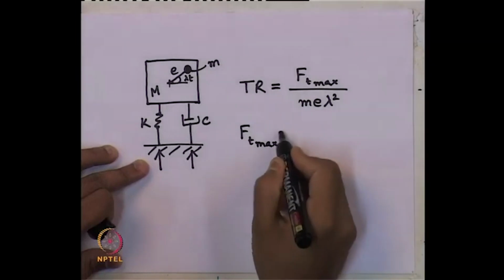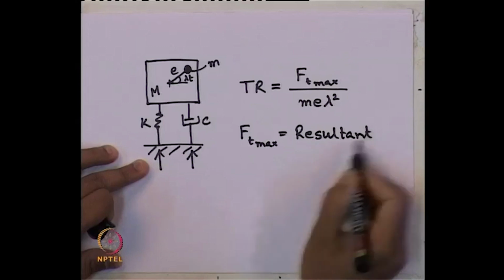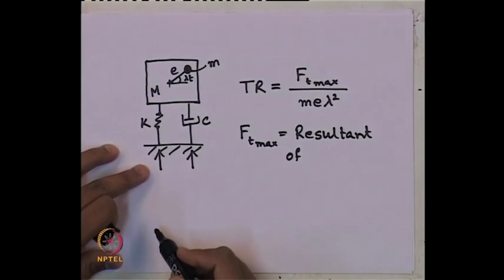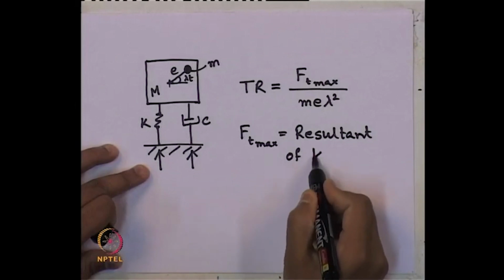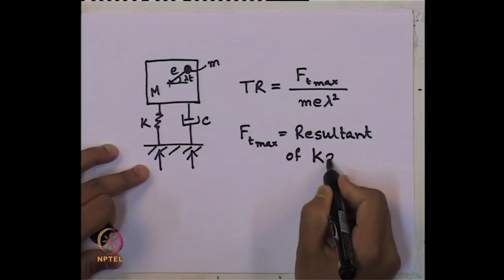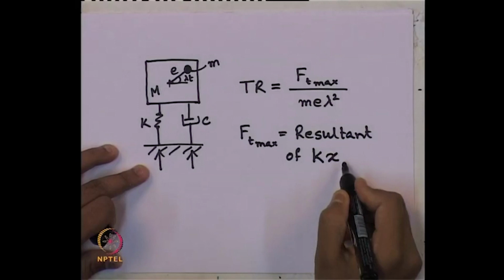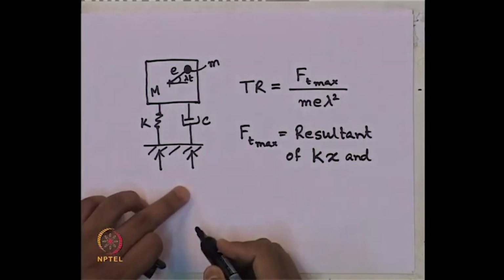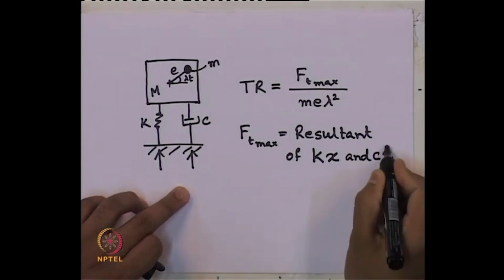That will be the resultant of how much force the spring is transmitting to the base of the system, that is k times x, if x is the displacement of the system, and how much force is transmitted by the damper, that is c times x dot.